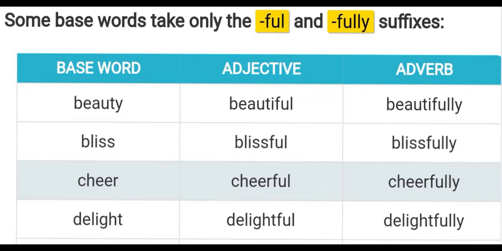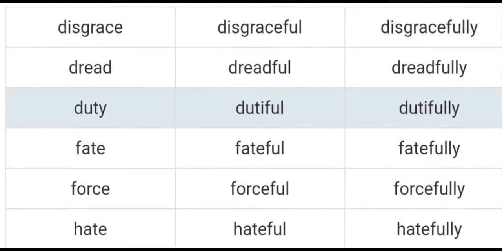For example, beauty, beautiful, beautifully; bliss, blissful, blissfully; cheer, cheerful, cheerfully; delight, delightful, delightfully; and some other words: disgrace, disgraceful, disgracefully; dread, dreadful, dreadfully; duty, dutiful, dutifully; fate, fateful, fatefully; force, forceful, forcefully; hate, hateful, hatefully.